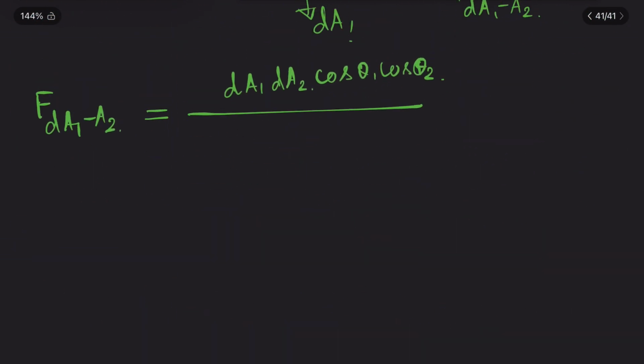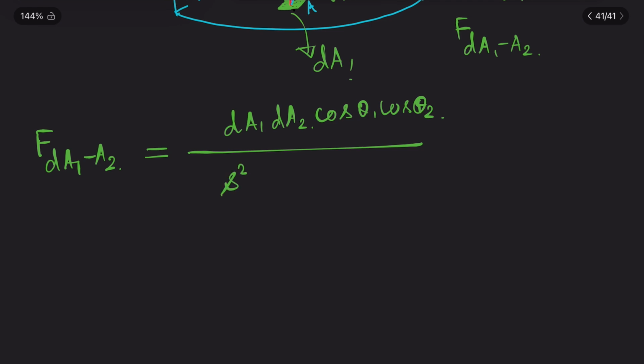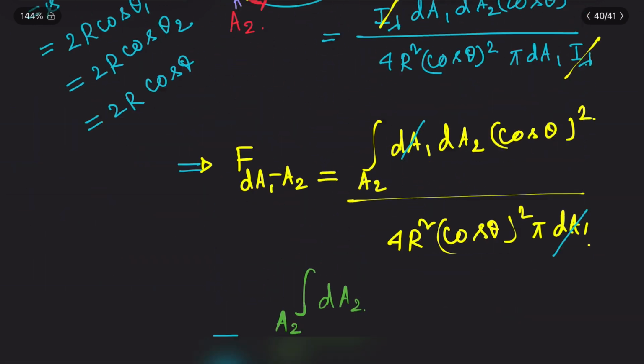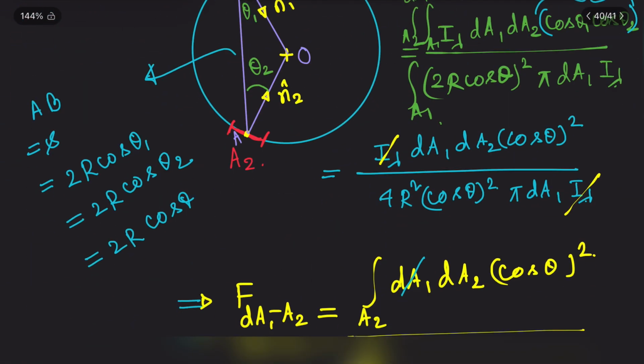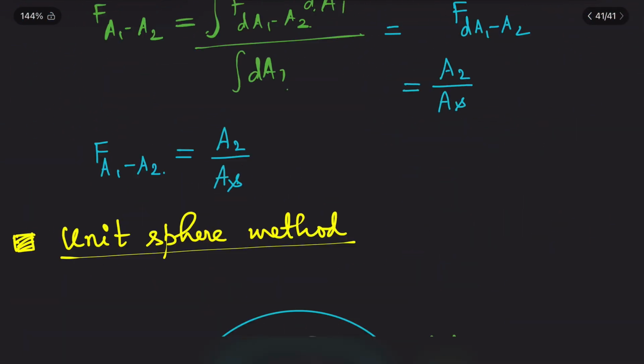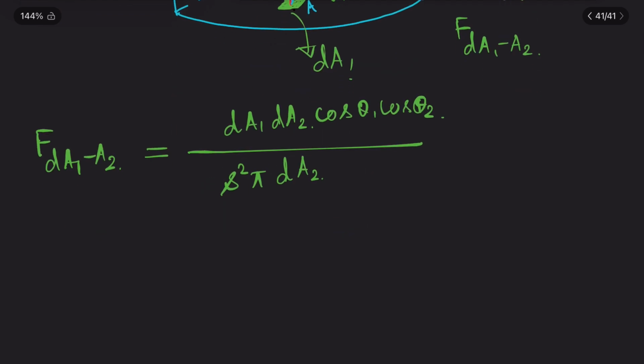Okay, so a square pi dA2, and there is something called cos I lambda, so I lambda will be cancelled out. Here I have to integrate over A2, right? So this will be dA1, sorry. Now again this will be cancelled out, right?